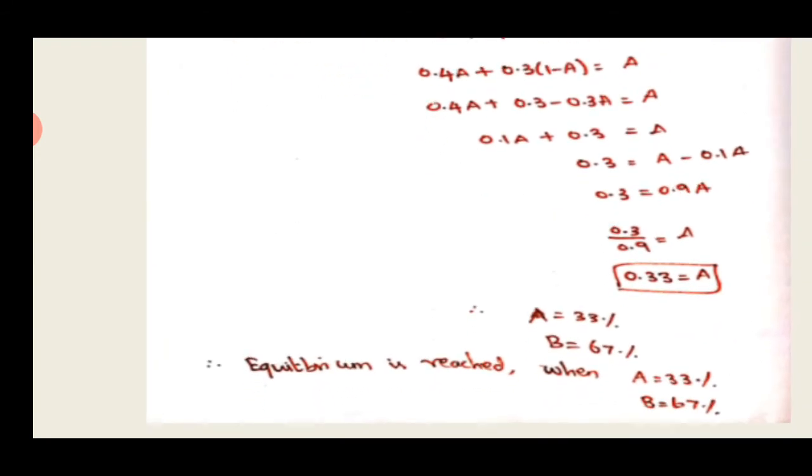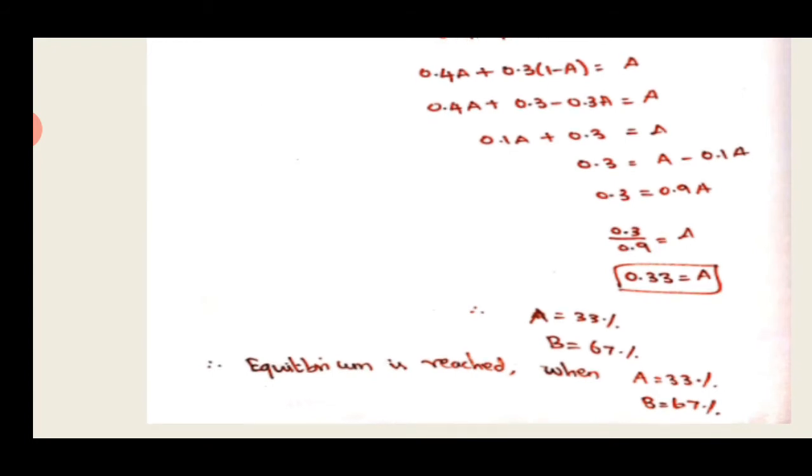So 0.3 into 1 is 0.3, minus 0.3 into A, means 0.3A. Okay, now we got it. So 0.4A minus 0.3A becomes 0.1A, plus 0.3, equal to A.